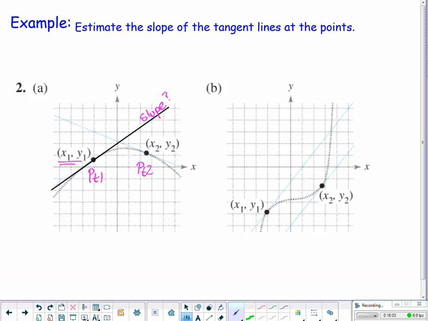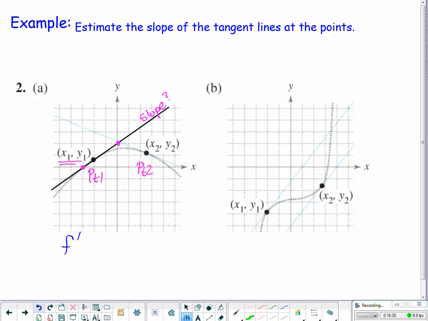And you can do that by traveling across this line, trying to find some decent intersection points. I like this one because it intersects on the grid line. Do you see that? And that means that it'll be a little bit easier counting. As I travel upwards here, I notice that also falls on a nice grid line there. So I'm going to use those 2 points. And we know all about slope. So estimate the slope of the tangent line.